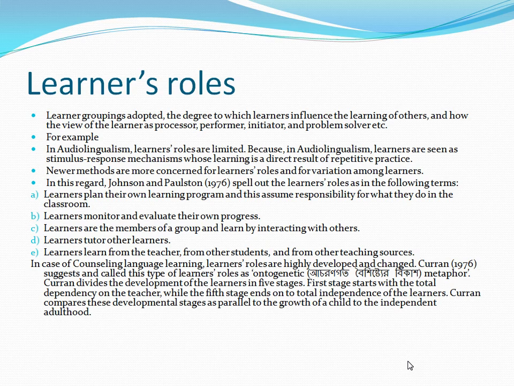What are they? In this regard, Johnson and Paulstone spell out the learner's role as the following items. Number A. Learners plan their own learning program. They have to plan.